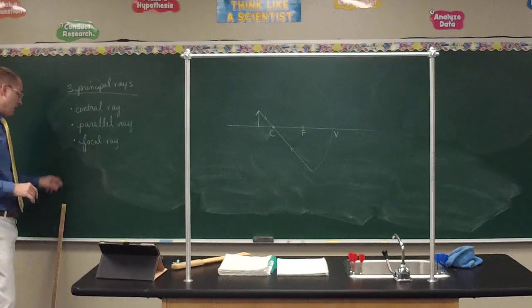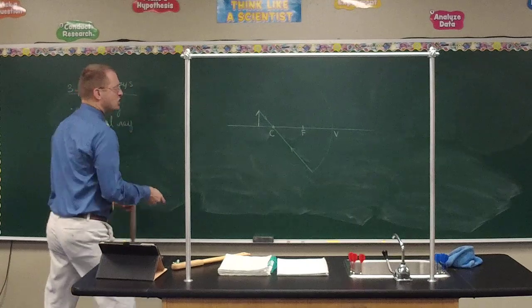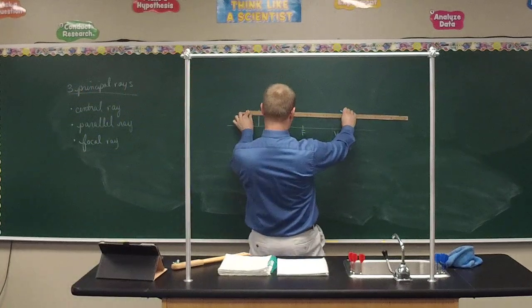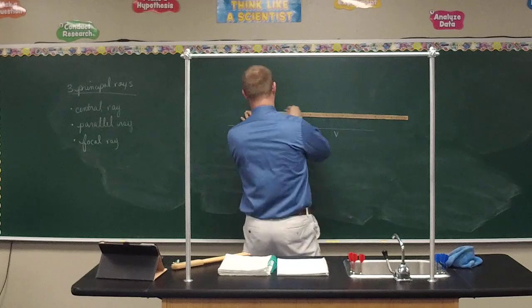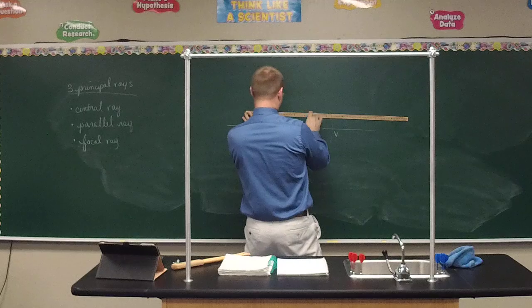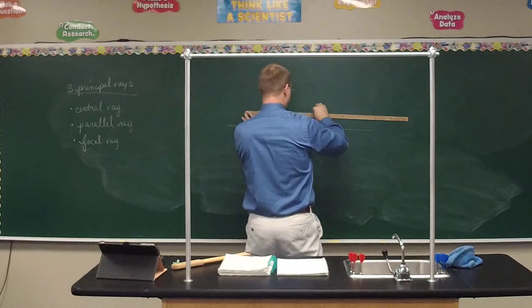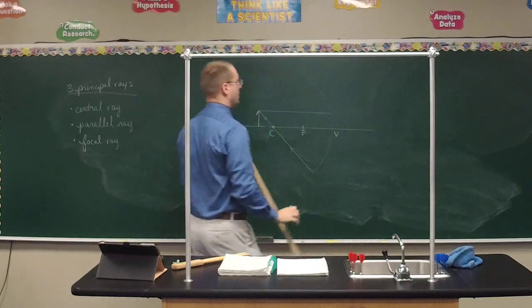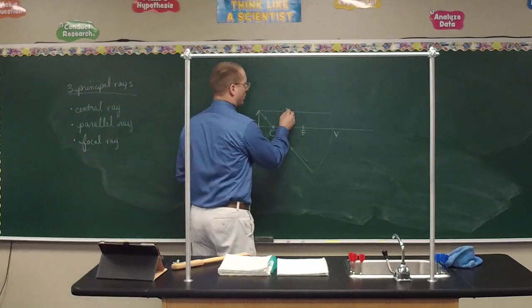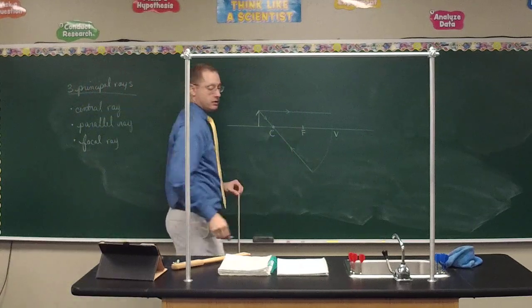All right, the parallel rays is a fun one because we've got to try to approximate a line that would be parallel. And so from the top of the object, we'll draw a line parallel so that it hits the mirror. And then this ray, after it hits the mirror, will reflect where, class?